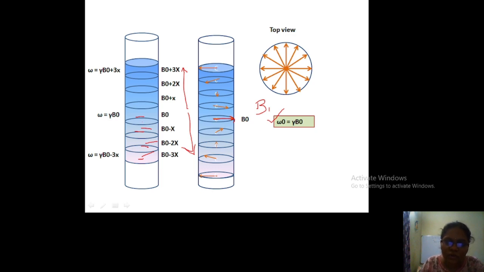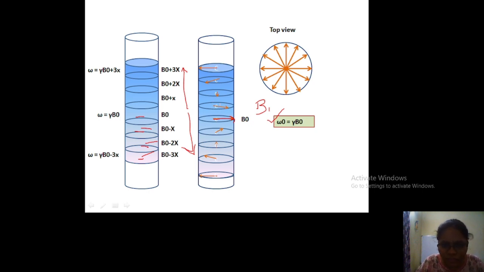But as you move upwards, the precession frequency of this magnetization vector increases, since the precession frequency depends upon the magnetic field experienced by the magnetization vectors. As the magnetic field increases in this direction, the precession frequency also increases. So this vector rotates faster than this vector by an angle theta.